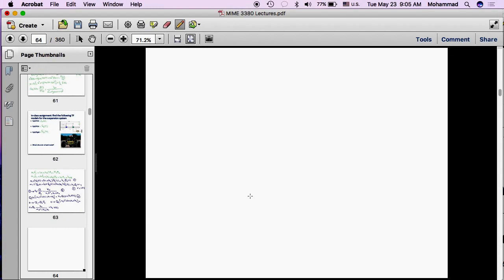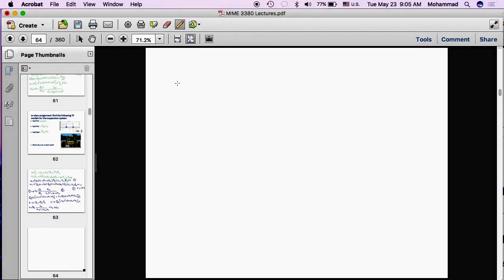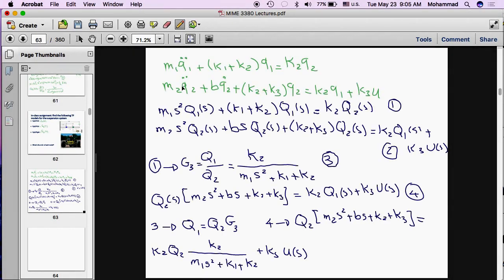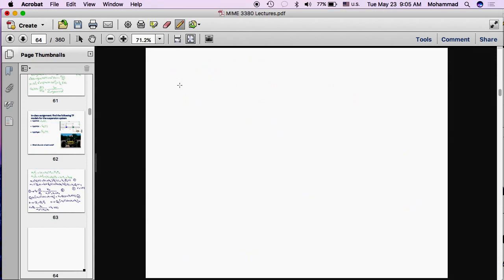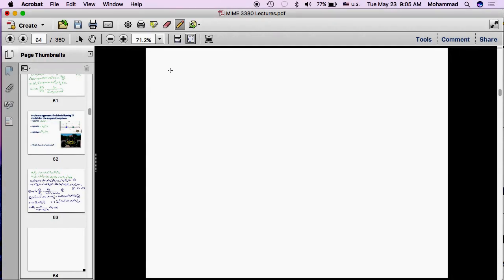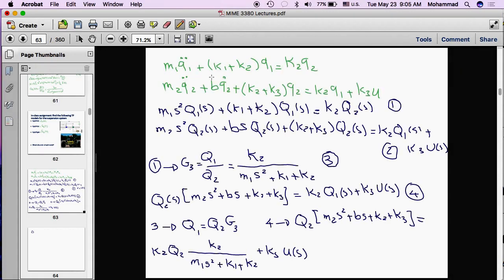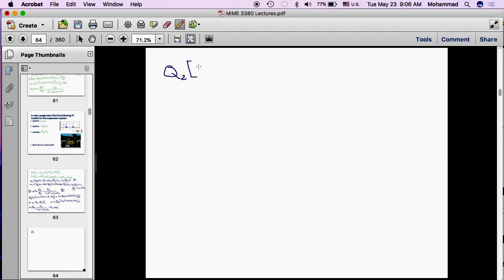Okay, so let's factor all Q. So we have Q2 multiplied by M2 S squared plus BS plus K2 plus K3.